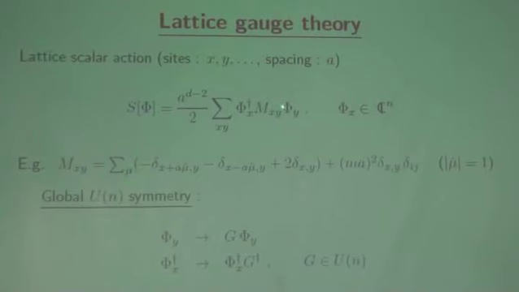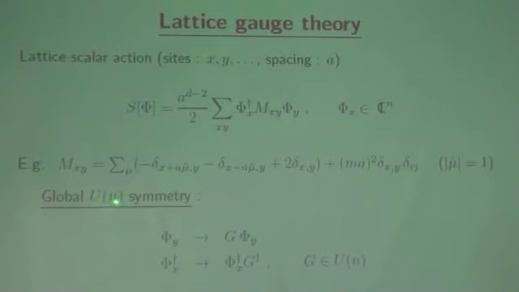We can also have multiple components here, so then we would have another delta ij here as well. Sorry, I forgot that. And so this is now in C to the n. It's a bit more general than before. It can be an n-component complex field. This is the Hermitian conjugate. And we have, first of all, on the lattice, on the regularized level, directly the same symmetry as before, generalized to n components.